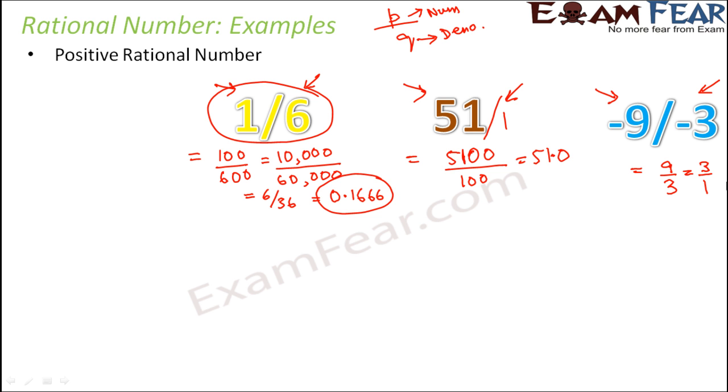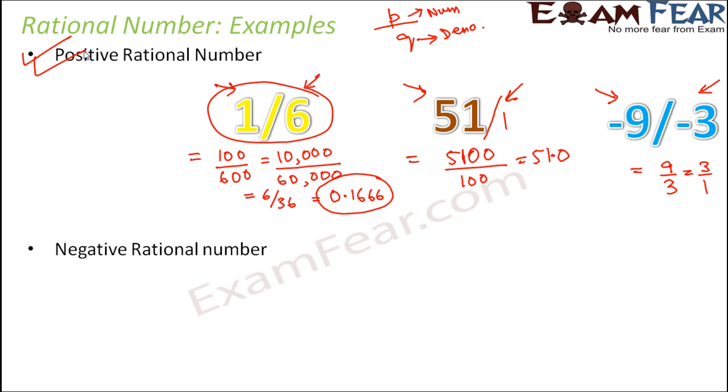So a rational number is said to be positive if both the numerator and the denominator have the same sign. Whether positive or negative, if both numerator and denominator are positive, the rational number will be positive. If both numerator and denominator are negative, the rational number is again going to be positive. Whenever the numerator and denominator both have the same sign, it is a positive rational number.